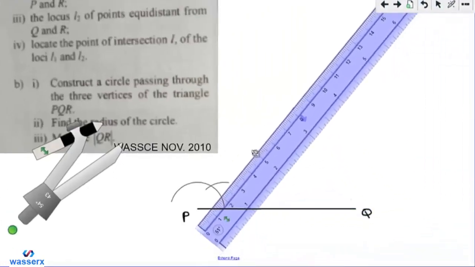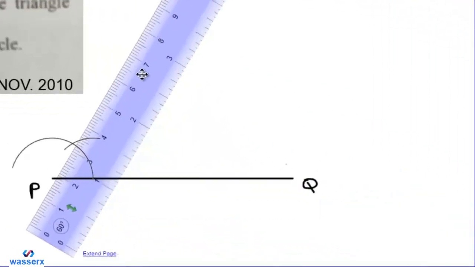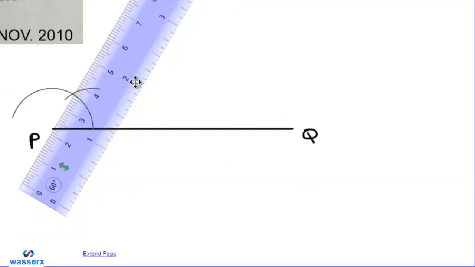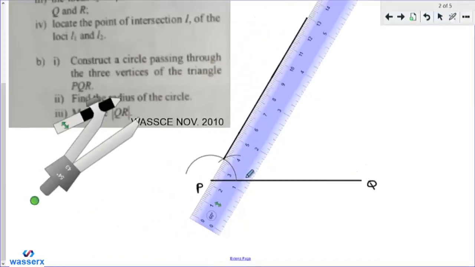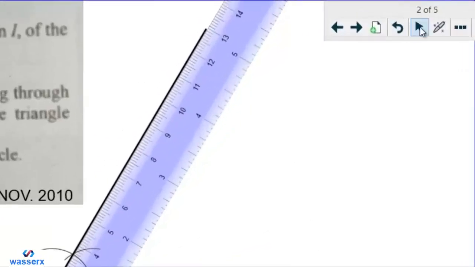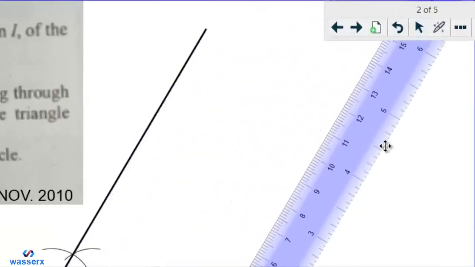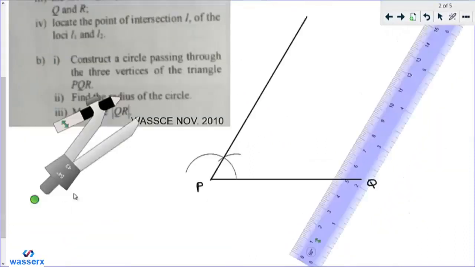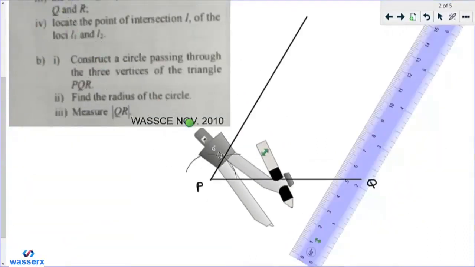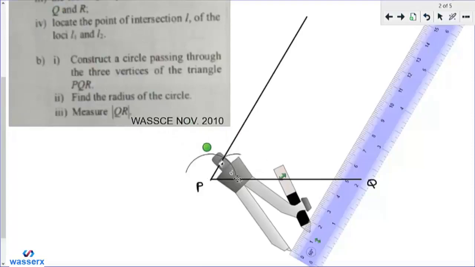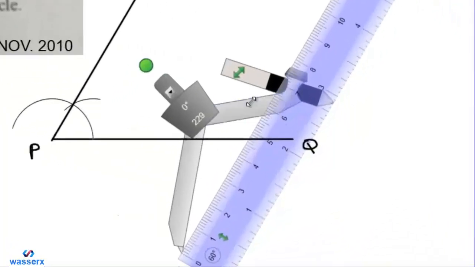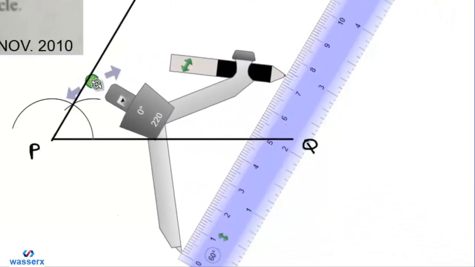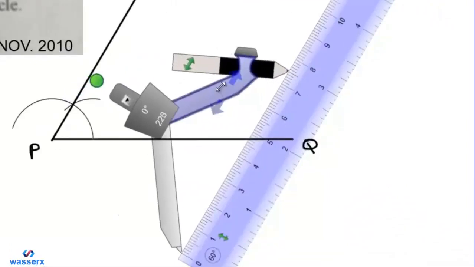So we take our ruler and draw a line through that point and point P. Now the next thing we do is to measure PR. PR is 7.5 centimeters. So we stand at this point and open our compass to 7.5 measurement.